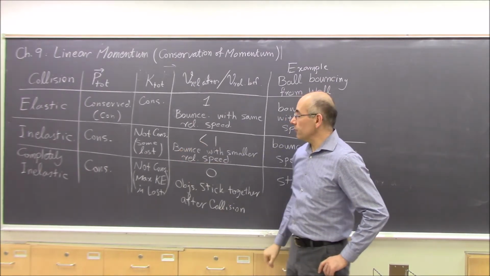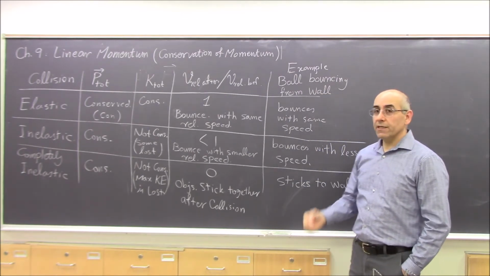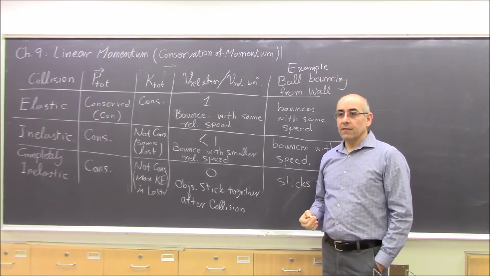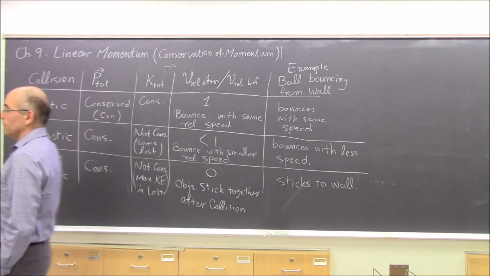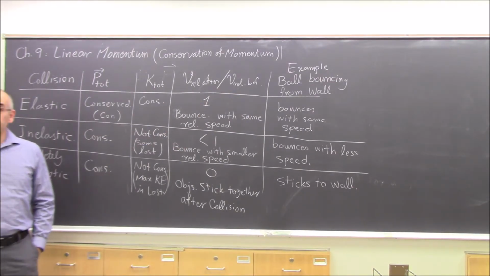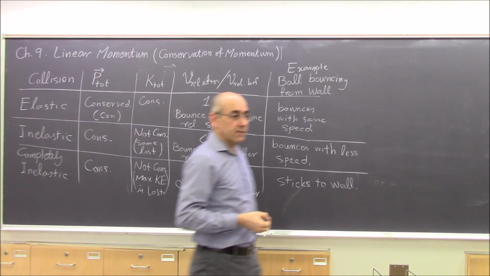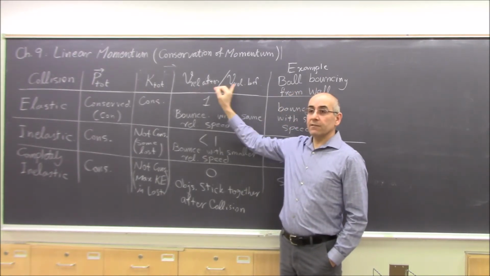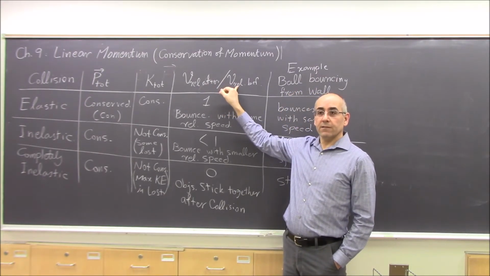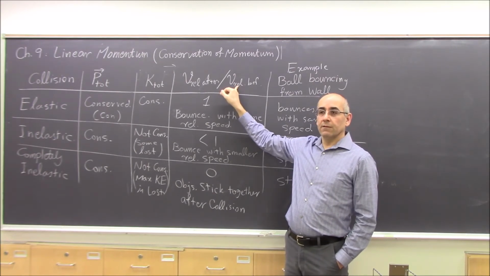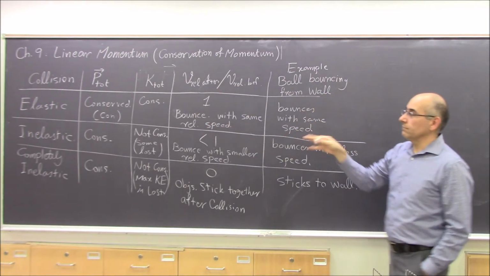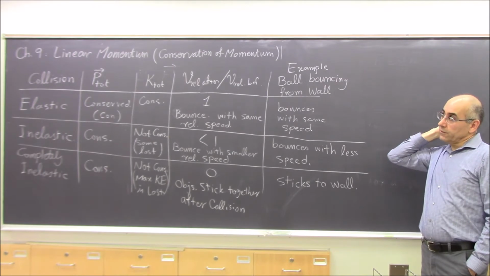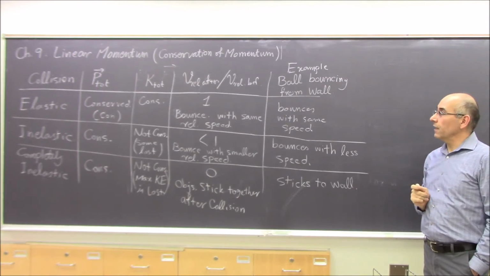And that actually shows the percentage of elasticity. If they say, for example, a collision is 60% elastic, it means that relative velocity after collision is 60% of the relative velocity before collision. So all kinds of collisions are now covered.